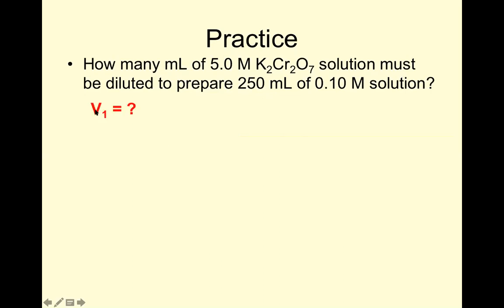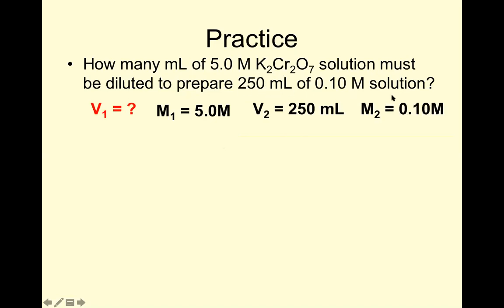All right, so my starting volume, I don't know. My starting concentration, it told me was 5 molar. My ending volume was 250 milliliters. And my ending concentration is 0.10 molar. All right, so I'm going to plug this into my equation.